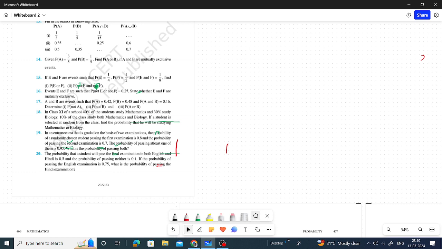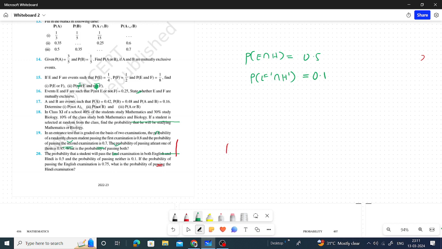The probability that a student will pass the final examination in both English and Hindi is 0.5. Passing neither, the probability of neither English nor Hindi, is 0.1.